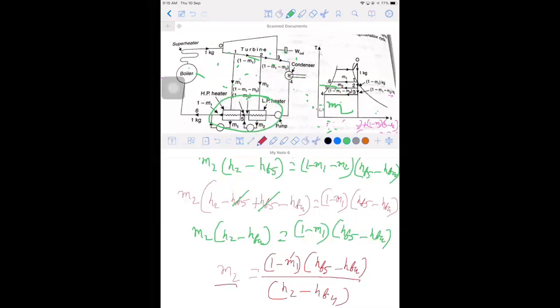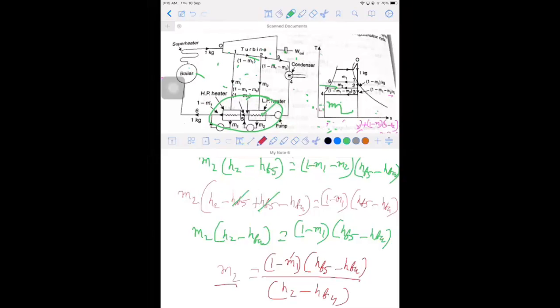For that, investment is there, and we have to go for cost benefit analysis. What is the benefit you have got in the form of efficiency, and what is the cost incurred for installing this one? Whichever is best, that you have to go for. If the benefit is more, you go for heaters. If the benefit is less than cost, then let us not go for it.